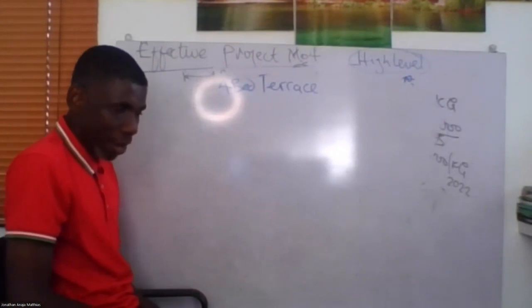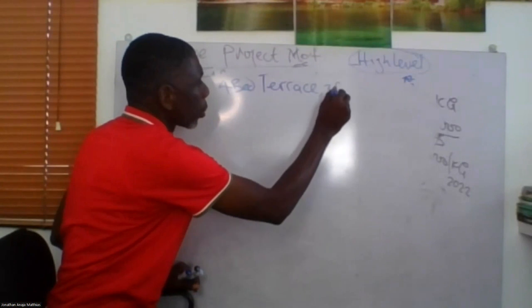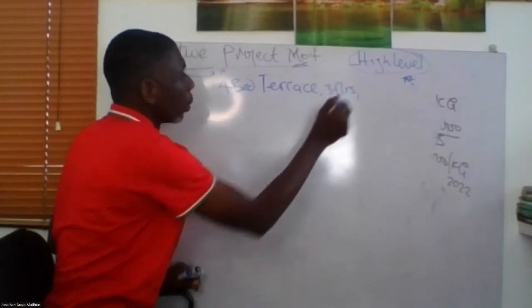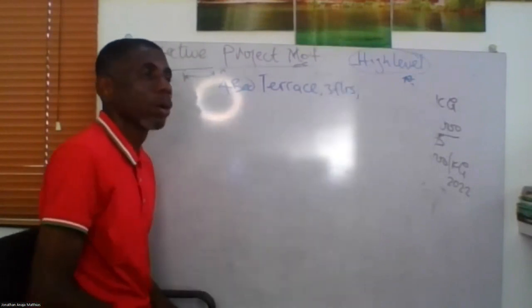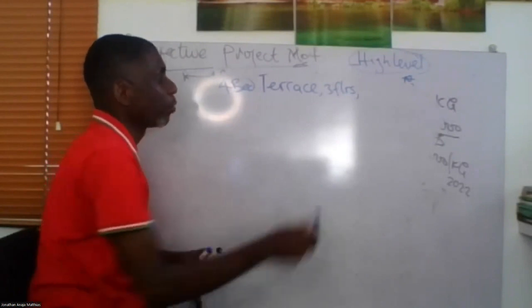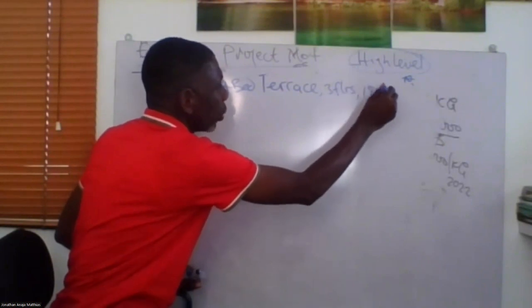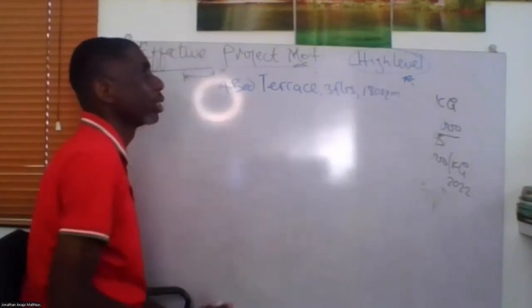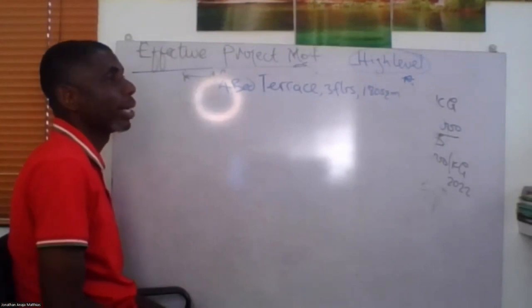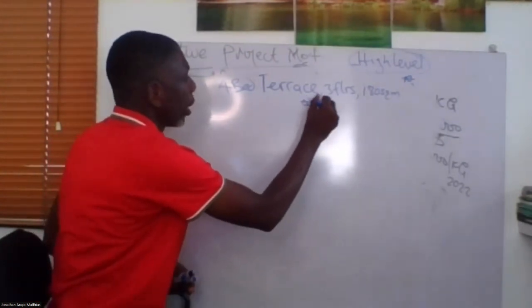A 4-bedroom terrace of, let's say, 3 floors, and each floor of, let's say, 180 square meters, the total floor. And let's say I completed it for, let me just use 50 million naira.